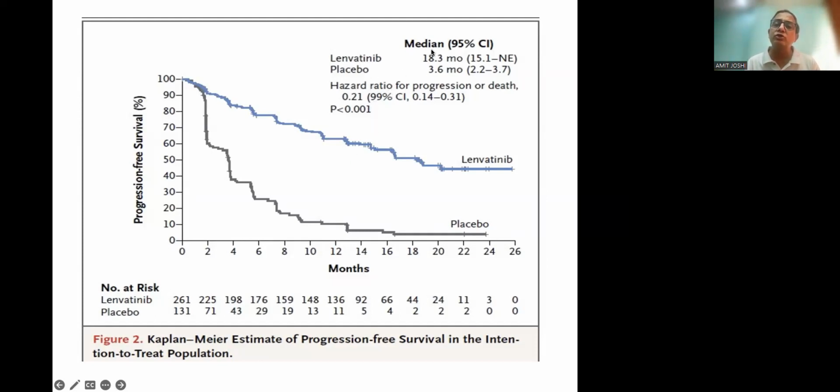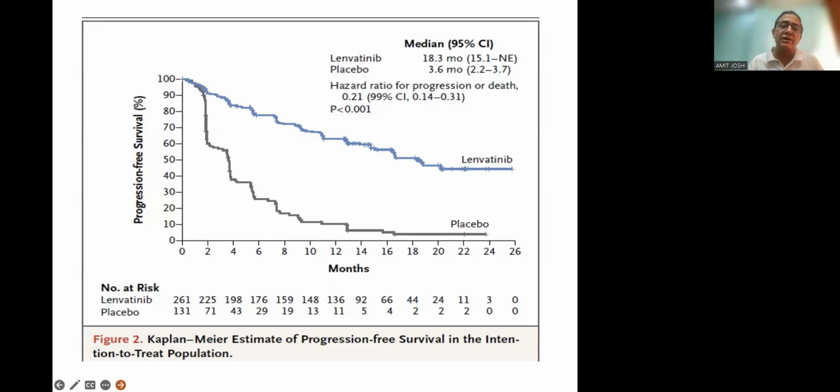So this trial was again a positive trial with a significant p-value, and a not only numerically but statistically significant difference. Practically it's 6 times: in the placebo, the PFS is around 3.6 months compared to around 19 months in the lenvatinib arm.